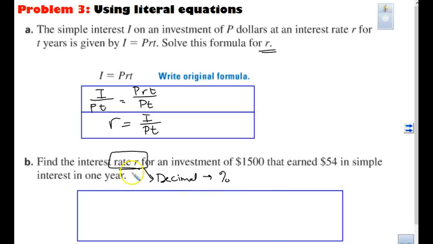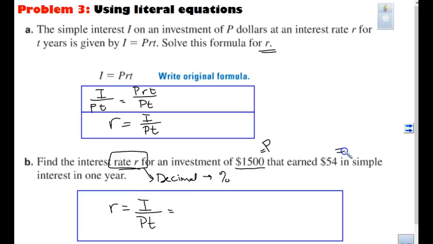So when we look at this problem and it says find the interest rate, I want you to write down R equals I divided by P times T. P is principal. That's what you invest. So P is equal to 1,500, right? I is our interest.